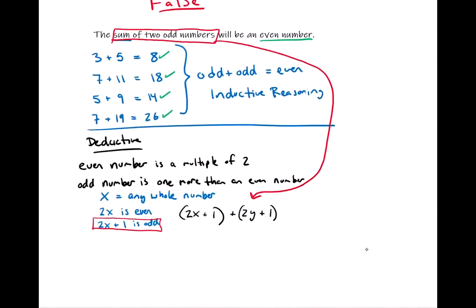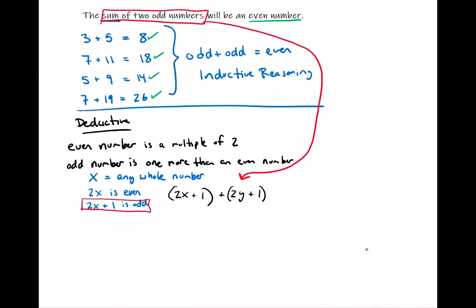All right, so 2x plus 1 plus 2y plus 1. Well, that's 2x plus 2y plus 1 plus 1. So we have a 2x, a 2y, and a pair of 1s. 1 plus 1 is 2. So 2x plus 2y plus 2.